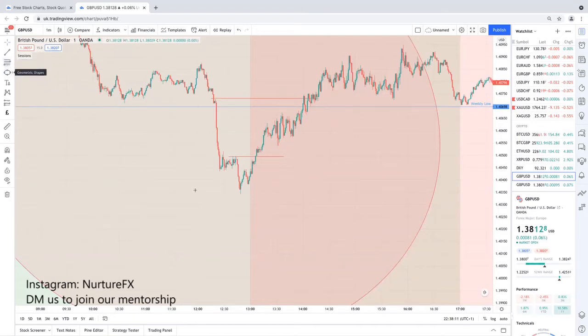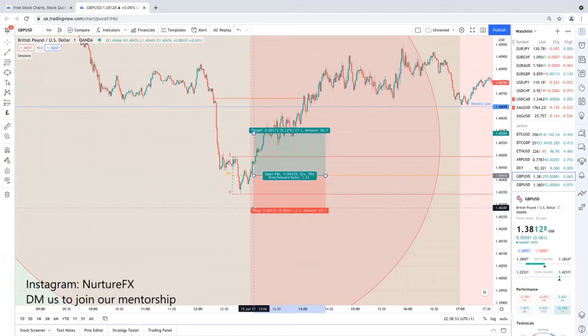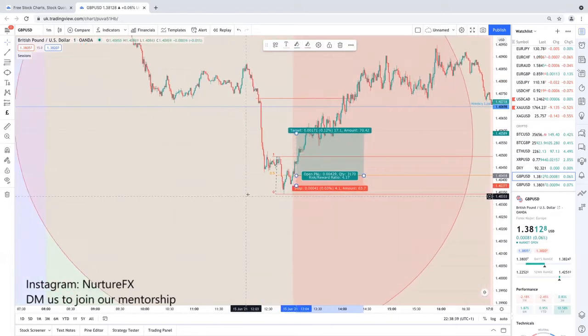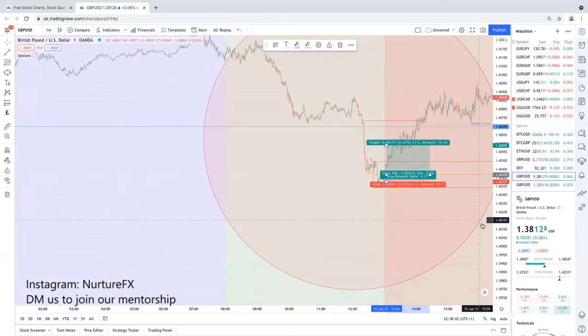So what we were looking for here was for 50% of this down candle to be come back and tagged, and we would have had our entry right here. Now, you could have had a stop loss up here, or you could have had it just below that low. On this occasion, it didn't come back.